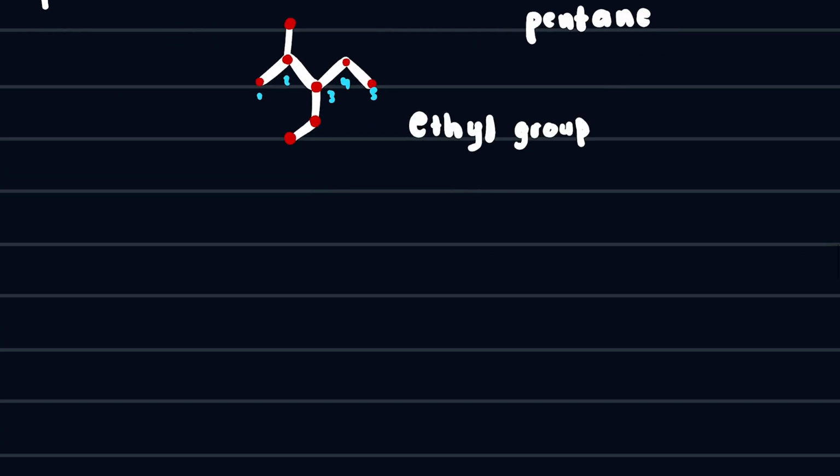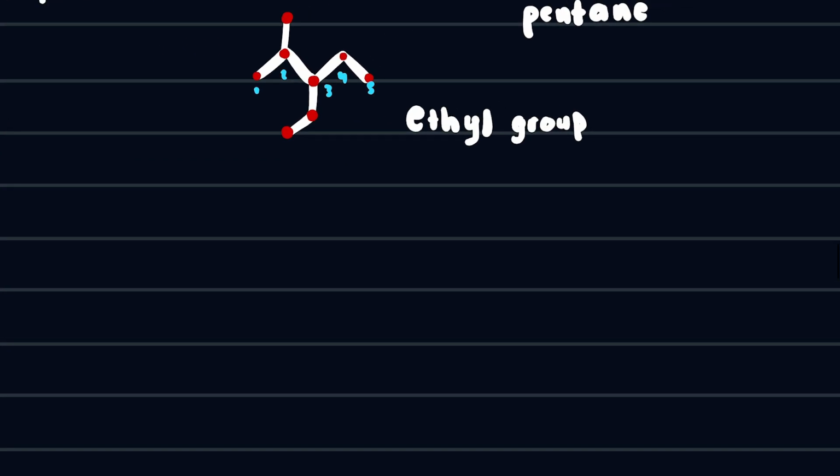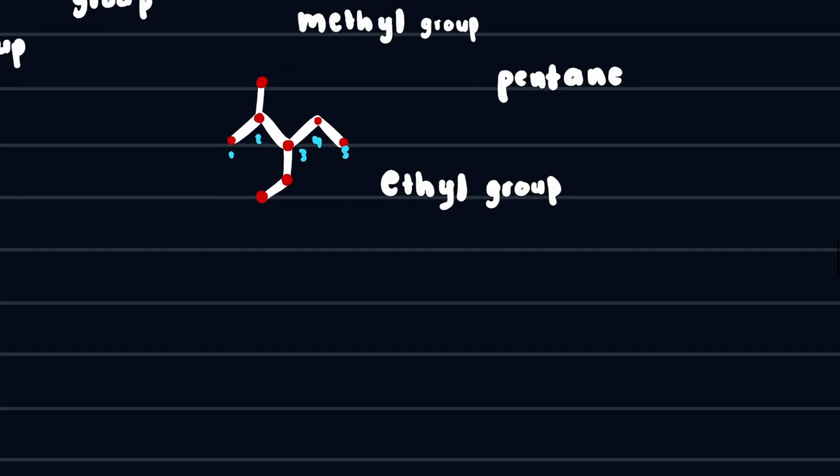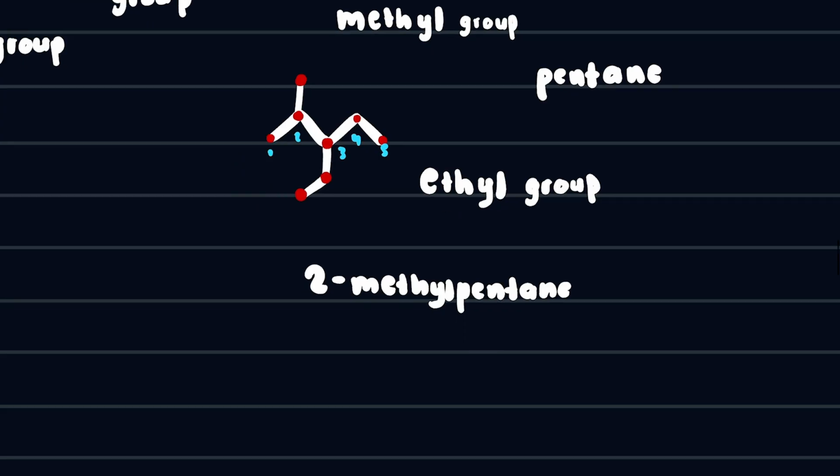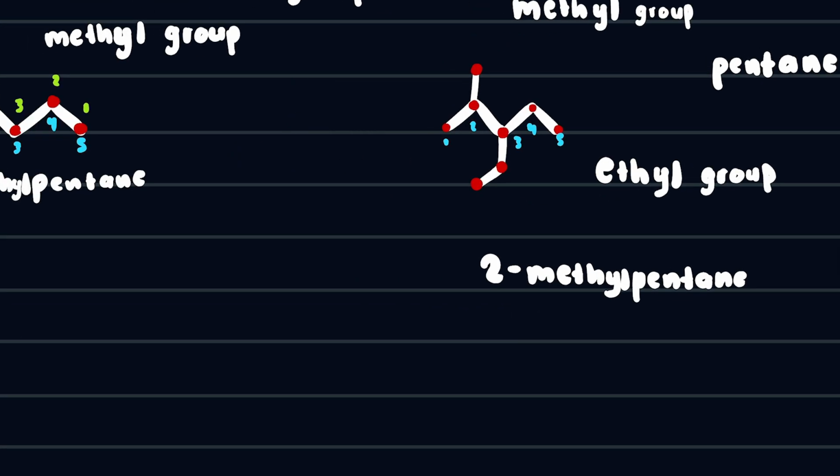So our ethyl group will be carbon 3, and our methyl group will be carbon 2. So it will be 2-methylpentane, excuse me, and then 3-ethyl.